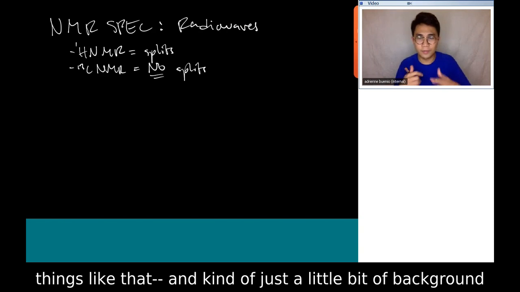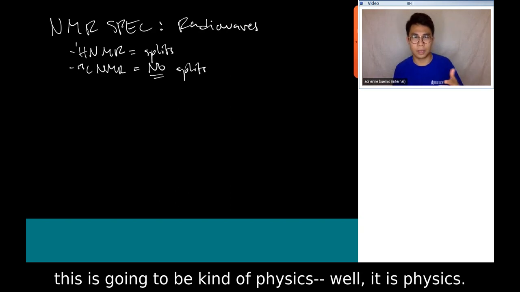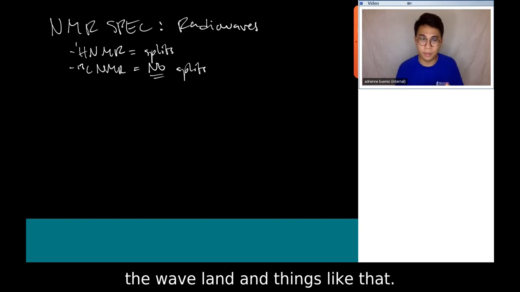And a little bit of background with NMR: this is gonna be kind of physics. Well, it is physics. So we look at the magnetic wave, the electric field, and then the wavelength and things like that.